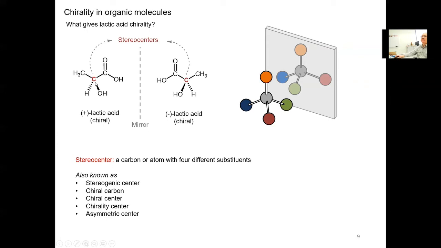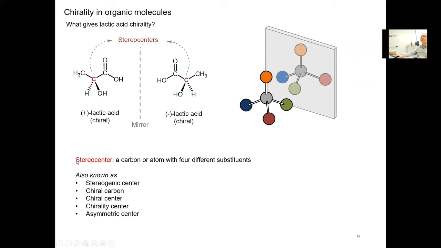In propionic acid, the carbon is CH2, which has 2 H's that are the same. But in lactic acid, you have 4 different substituents: 1 carboxylic acid, 1 OH, 1 H, and 1 methyl. And this makes it a chiral center and makes lactic acid chiral.